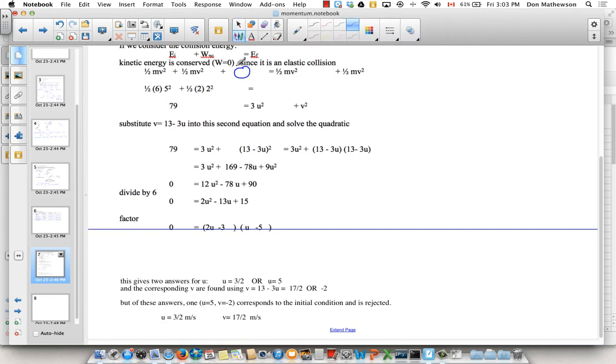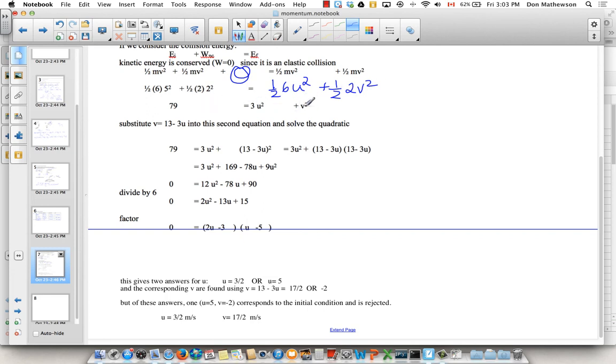The initial kinetic energy: 6 kilograms going at 5 meters per second, 2 kilograms going at 2 meters per second. After the collision, we'll have the 6 kilogram going at speed u, which is unknown, and the 2 kilogram going at speed v. So a half of 6 gives 3u squared, a half of 2 just gives v squared. So here's another relationship between u and v.